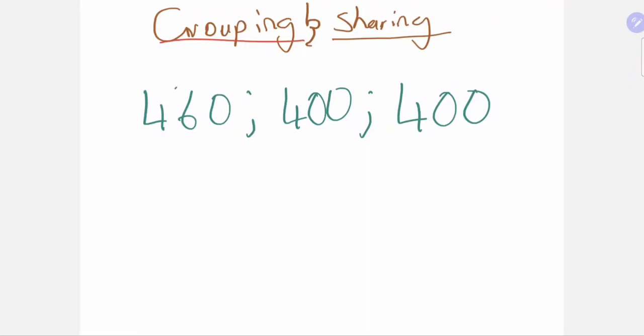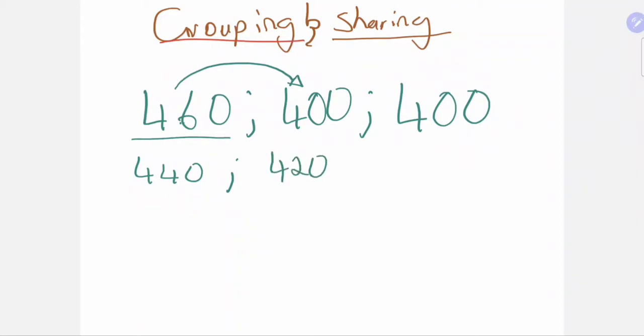Sorry, what am I saying? If you take away 20 from 460 and you add it onto this 400 here, right? 460 then becomes 440, right? 400, because you're adding 20 to it, becomes 420.